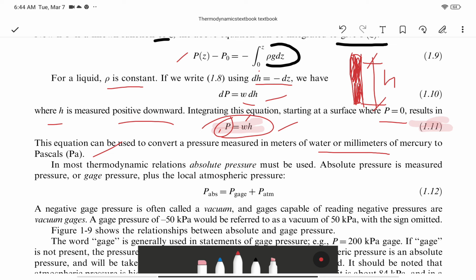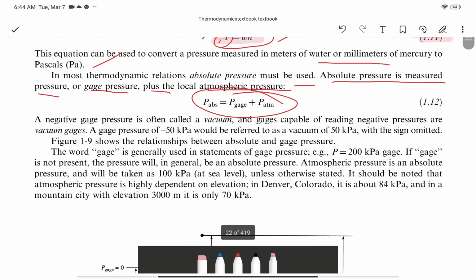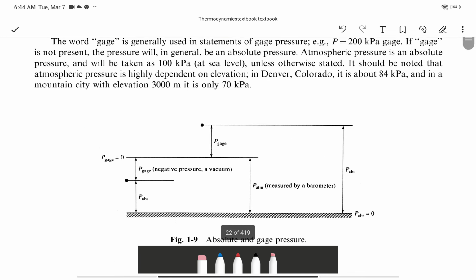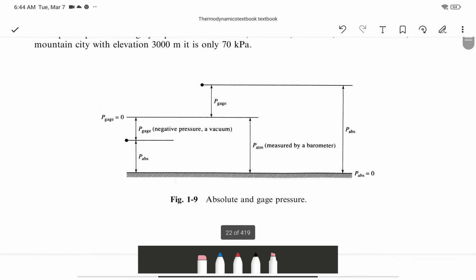So in most thermodynamic relations, absolute pressure must be used. Absolute pressure is measured pressure or gauge pressure plus local atmospheric pressure. We have done this. We know this, right? P abs is equal to P gauge plus P atm. Atm means atmospheric pressure. And we have here a diagram already, which we also had in the previous video.